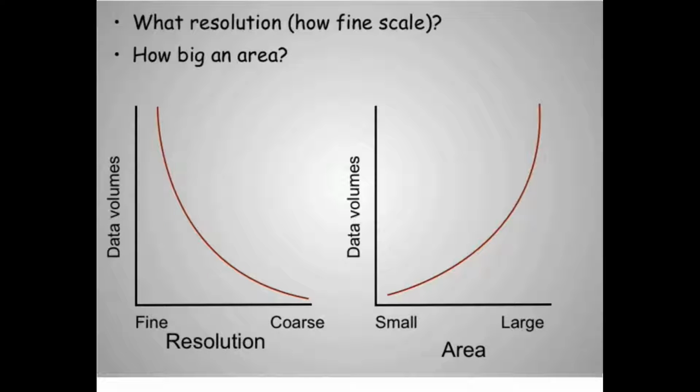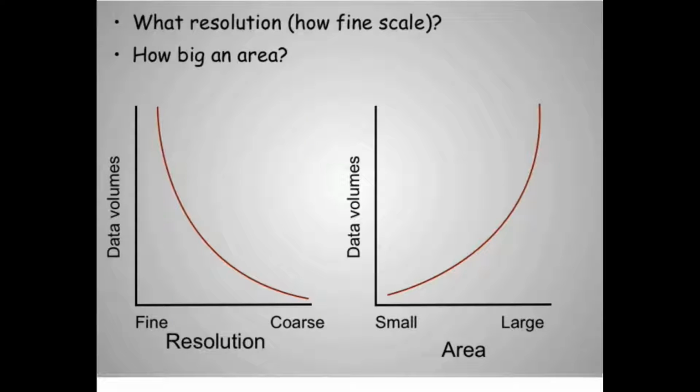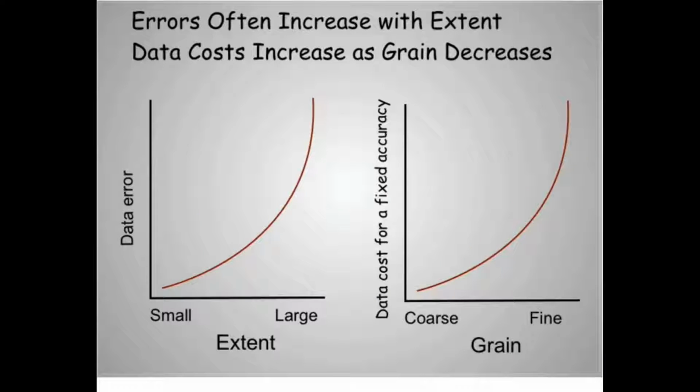Sometimes we come up with a model that takes a couple hours to run, or even a day to run. You have to let your computer work at the problem. Errors, obviously: the larger the area, the more potential there is for error. And as I said, cost is associated with these data volumes. So that's the same curve on the data volumes.